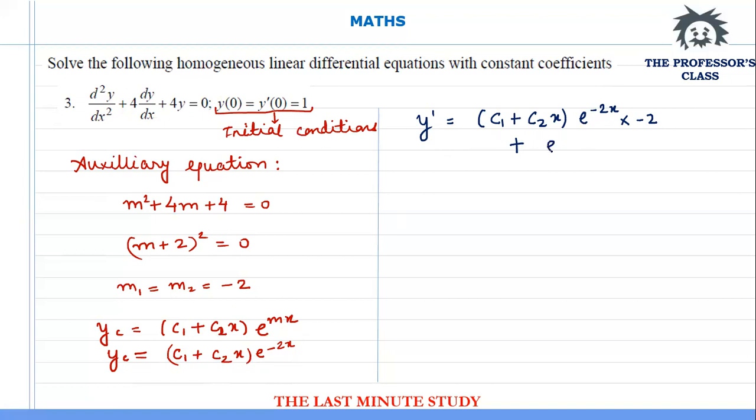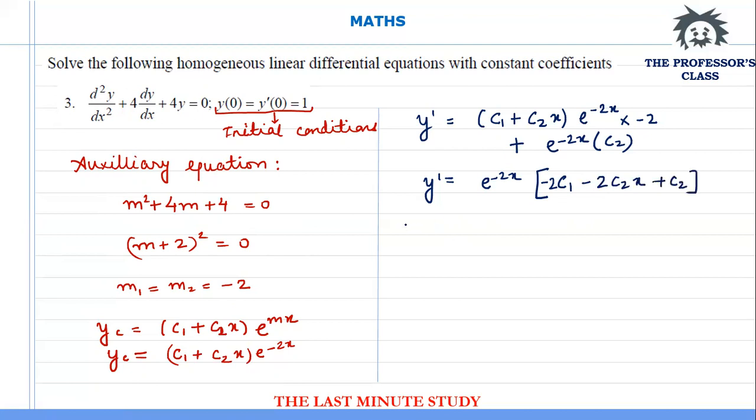So this will be constant, and differentiating this entire term, I'll be left with c2 only. So y dash will be equal to e raised to the power minus 2x, which I can take common because it is there in both the terms, and it will become c1 plus minus 2 c1 minus 2 c2x plus c2.